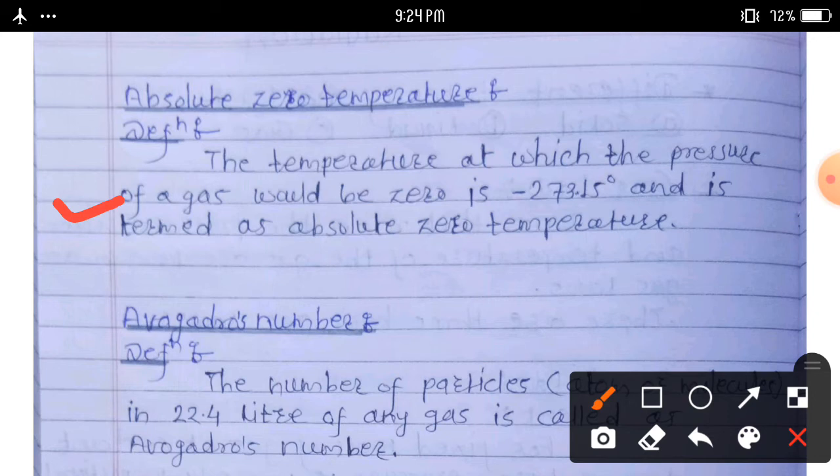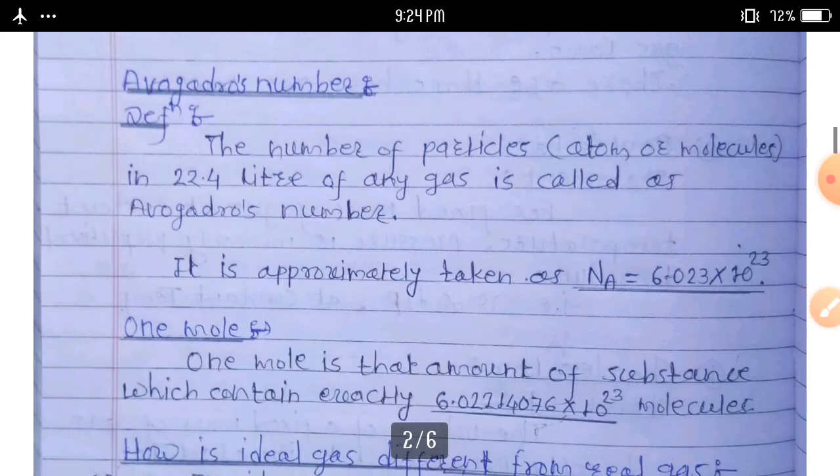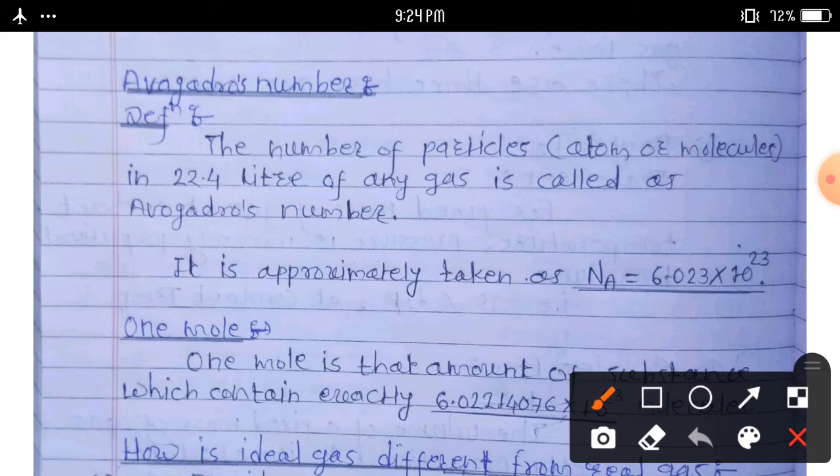Then next definition, Avogadro's number. Definition: the number of particles, atoms or molecules, in 22.4 liters of any gas is called Avogadro's number.